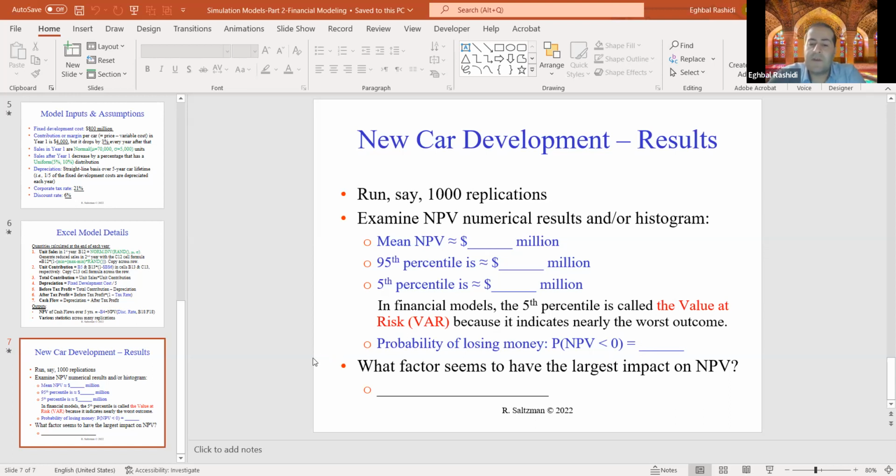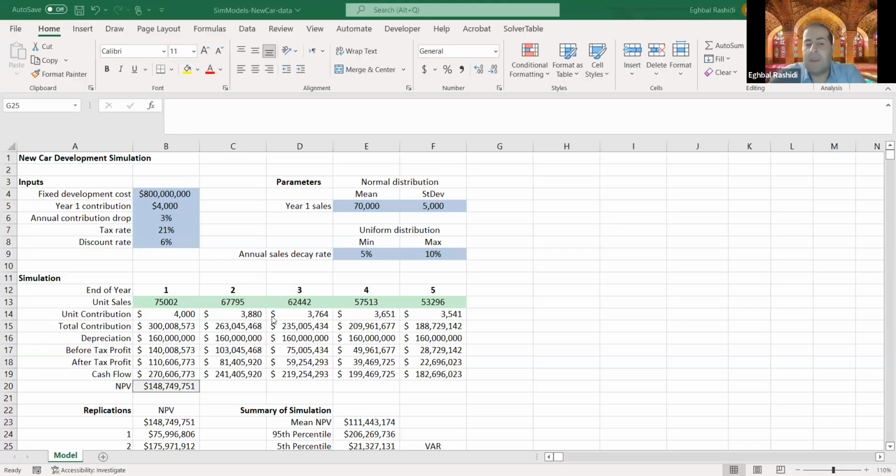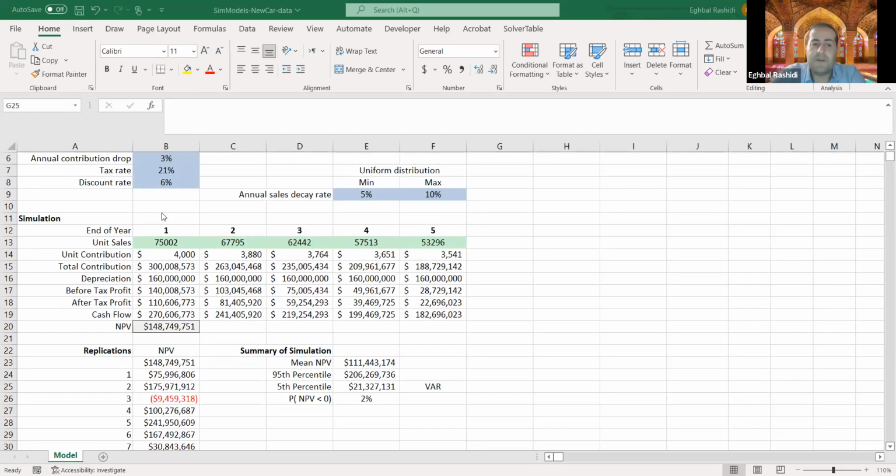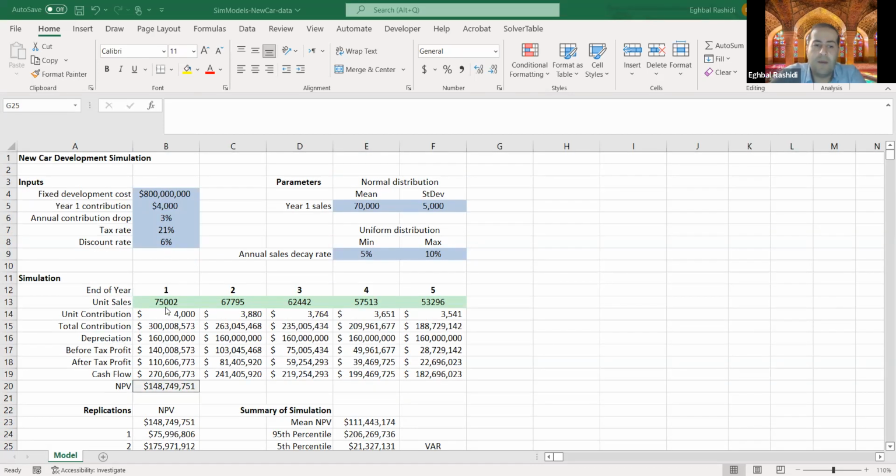So there's a question here. It says, what factor seems to have the largest impact on the MPV? So if you look at the model that we did here, everything that we computed depends on actually the unit cells here, the first unit cells, okay? Because the unit cells, so that was the first value that we computed. Everything else before that was just inputs.